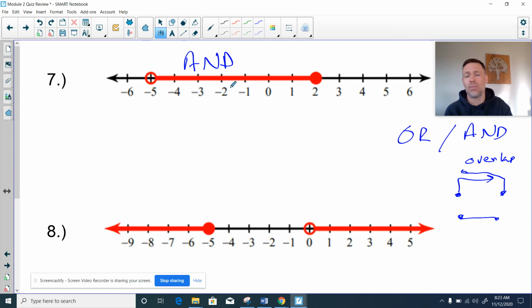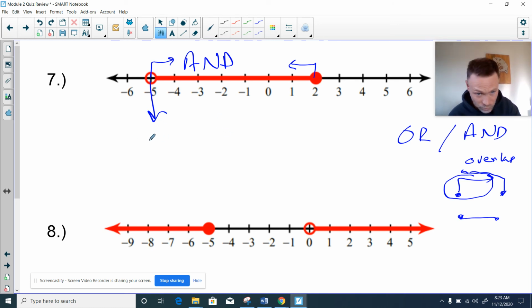Now, if I'm going to write the compound inequality, all I have to do is go back and think, well, what did the original one look like? The original one had an arrow going to the right this way, and then an arrow going to the left, and we just eliminated where there was no overlap and only kept where there was overlap. So now all I've got to do is write the individual inequalities for these and connect them with my word and.